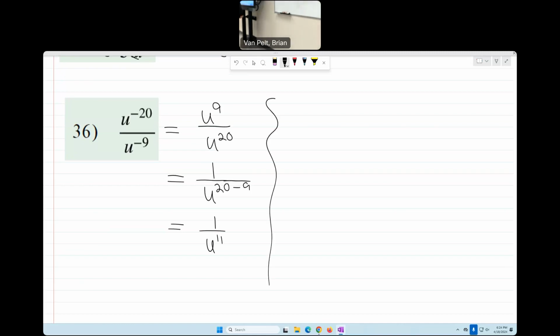Now, I'm going to give you another way, which is using just the one rule. Just the one rule says that I simply take the exponent in the top and subtract the exponent in the bottom.